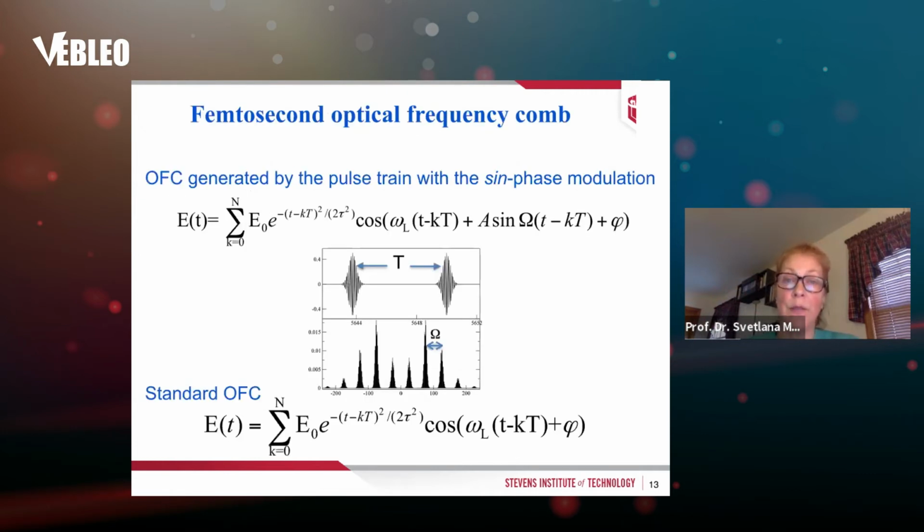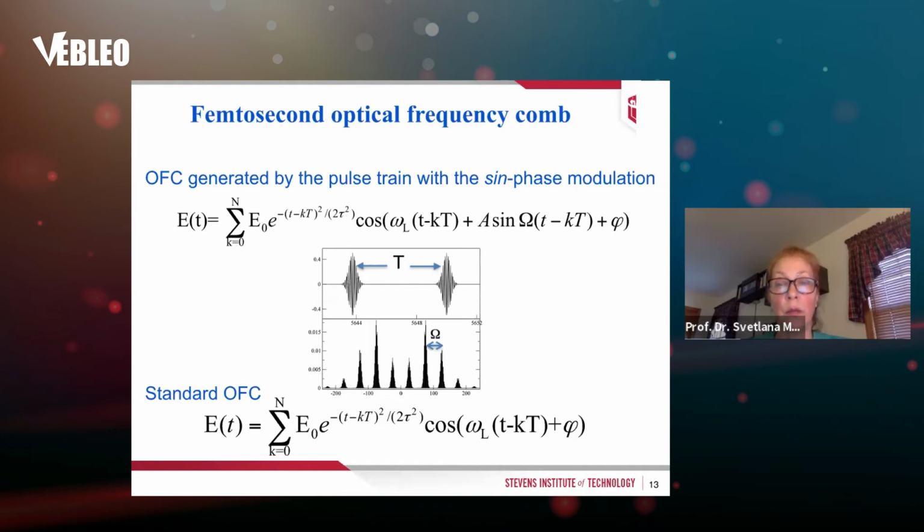The frequency comb has been recently applied to coherent anti-Stokes Raman scattering spectroscopy. The novelty of our work is in the use of control techniques in the application of the optical frequency comb.